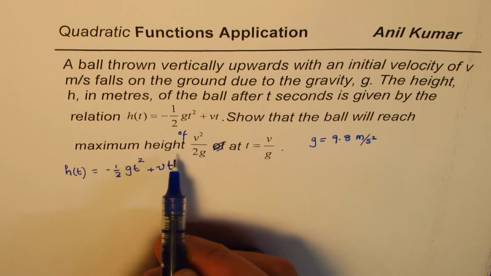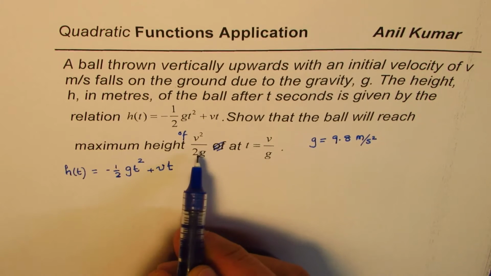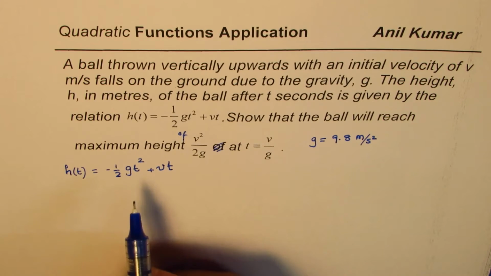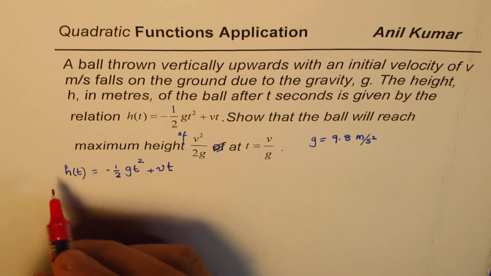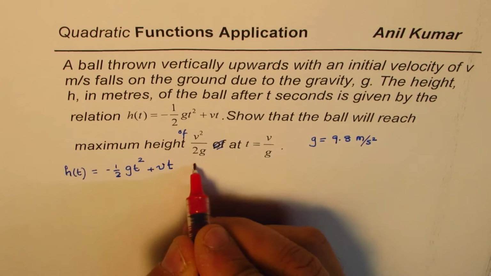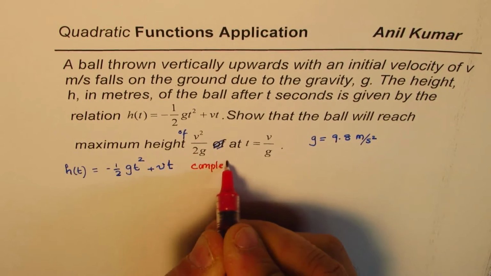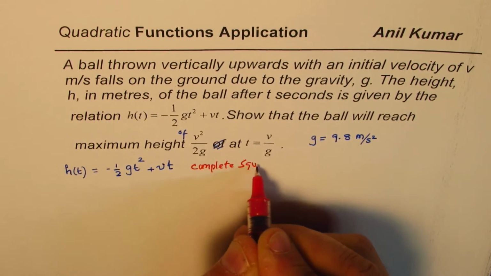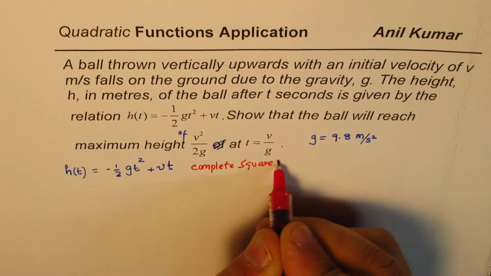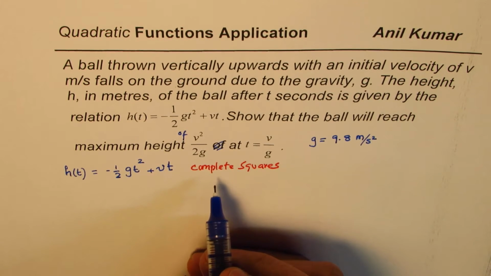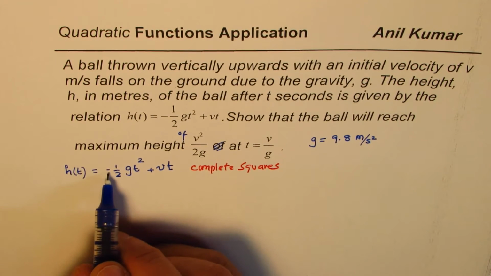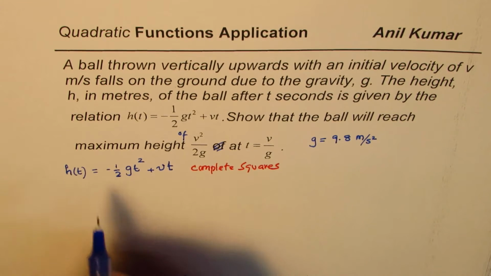We need to find the maximum height and the time when it is reached, and the method is completing the square. That is how we can find the maximum of a quadratic function. The parabola is opening downwards, so it will have a maximum, correct?